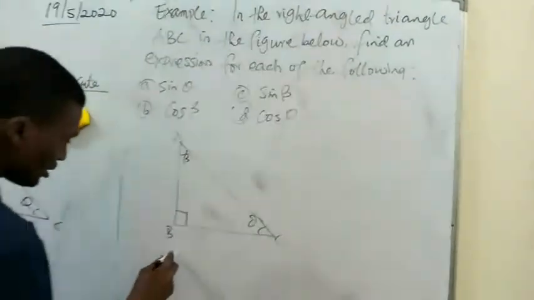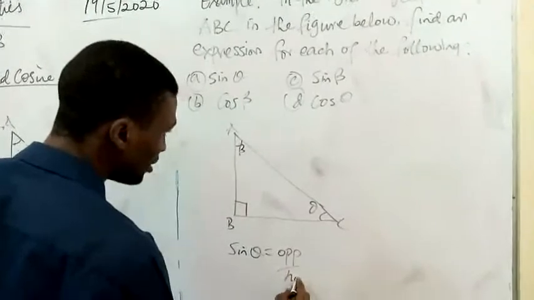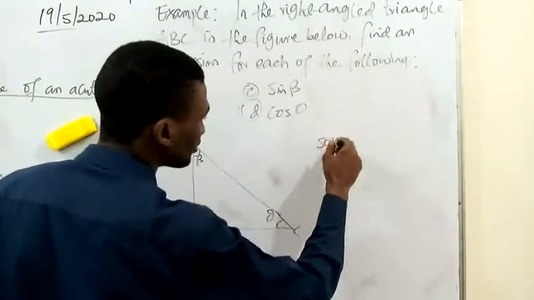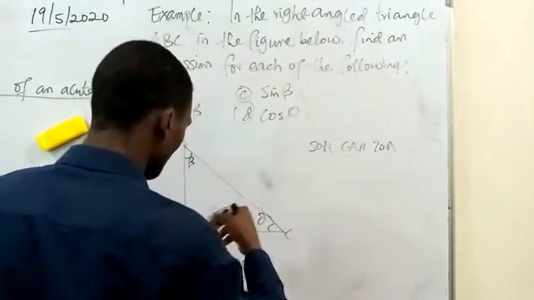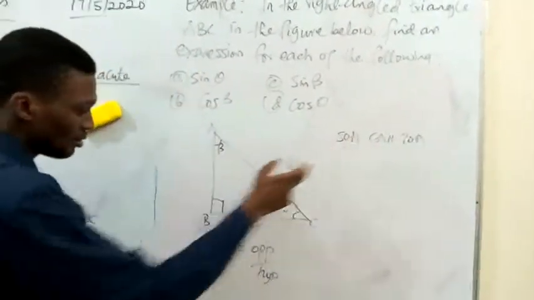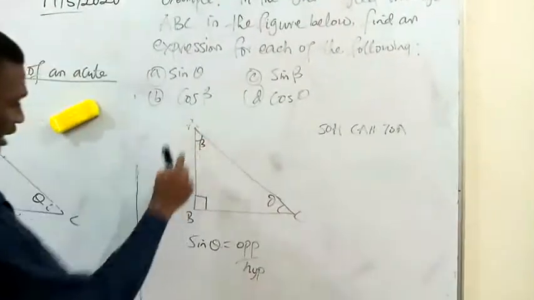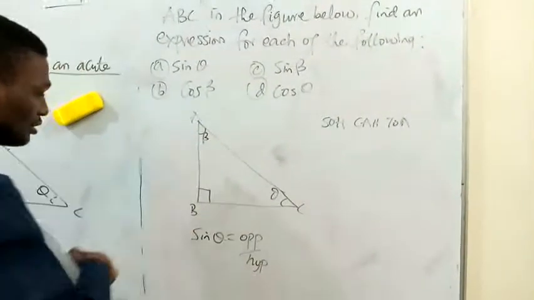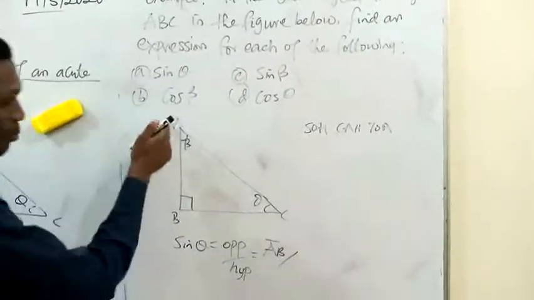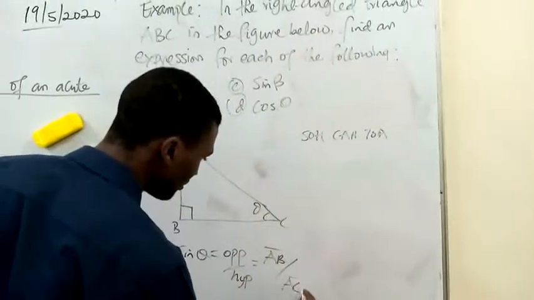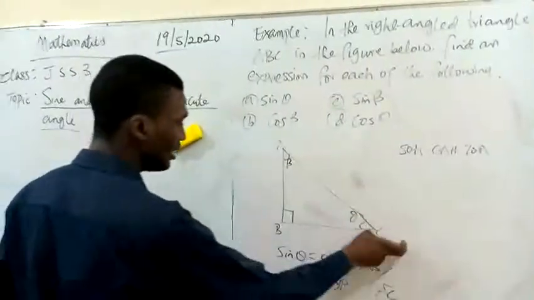From our SOHCAHTOA, sine is opposite over hypotenuse, and the side opposite angle theta is line AB. So we have line AB all over our hypotenuse, line AC. Our sin theta is line AB over line AC.